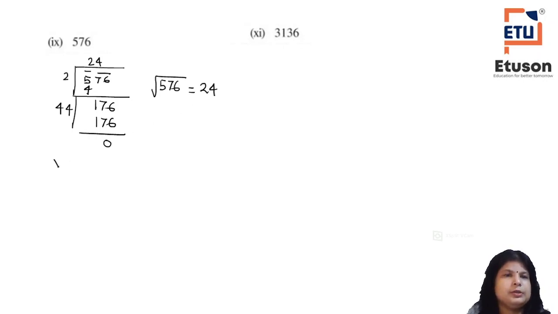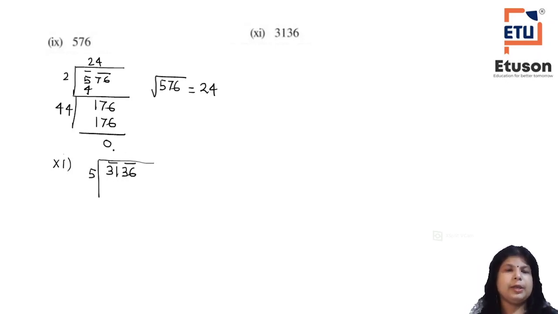Correct or not? So now let us go to bit 11. Here the number is 3136. Let us pair it as usual. Now take the number whose square is less than 31. So it is 5, 5 square is 25. So I'll put 5 in the quotient also. Then 25 here. Remainder becomes 6. Then I have taken down this 36. Now here 5 into 2, that is 10.